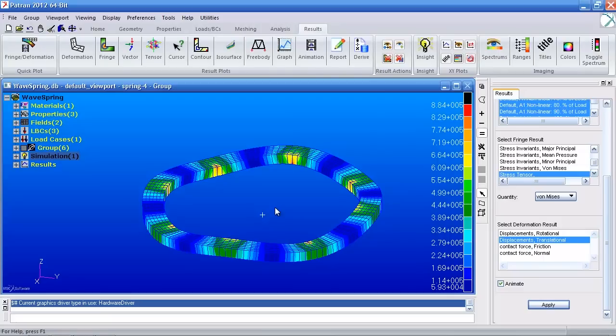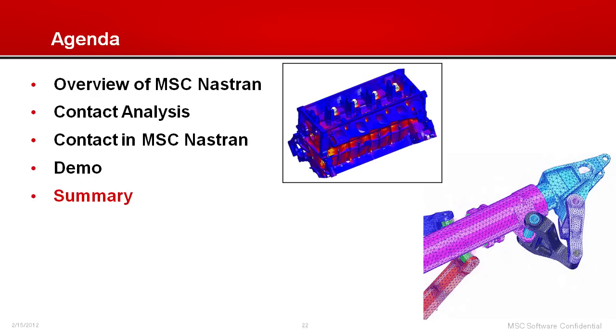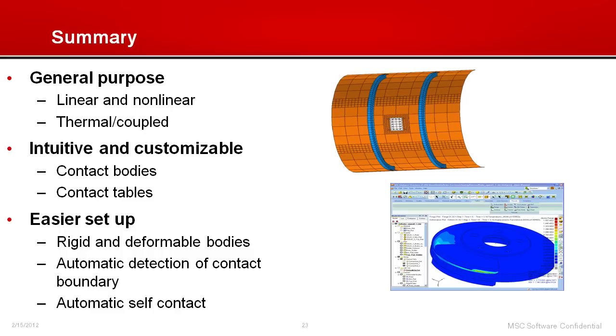So coming back to my presentation here, this is what I wanted to show you. In summary, the contact implementation in Nastran is general purpose. You can use it for linear, nonlinear analysis, and for thermocoupled.